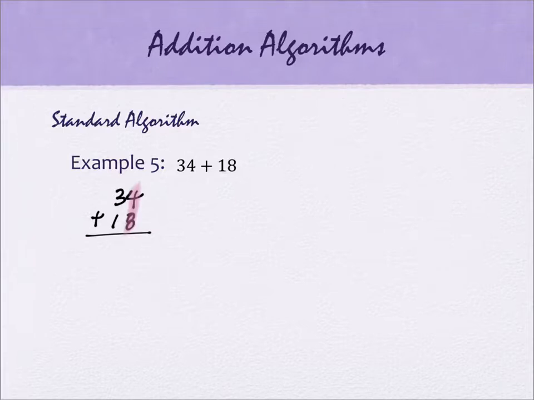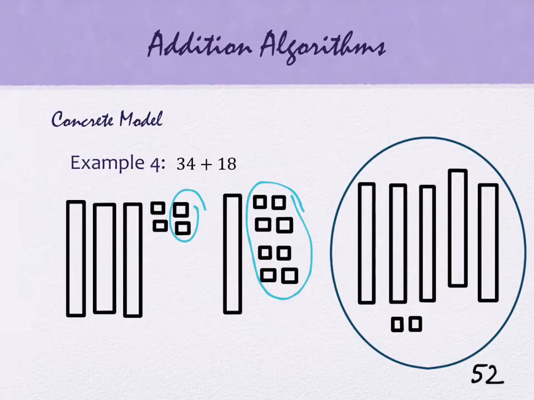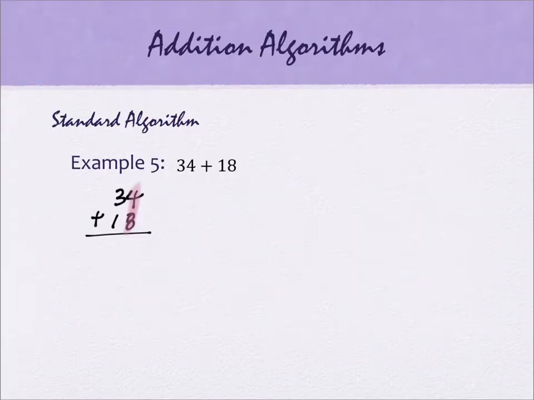And when I add the 8 and the 4 together, just like in my picture, and count them up, I have 12, right? But 12 makes a long, so I carry the 1 long, that's a 10, over to the tens column, and I have 2 left over to write underneath, right? That's what I'm really doing. I'm really doing something called regrouping.